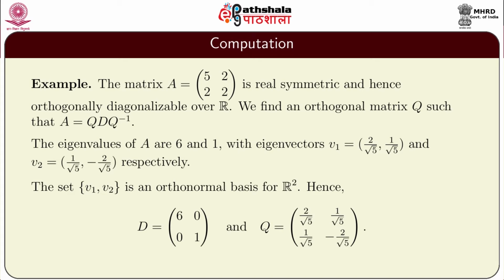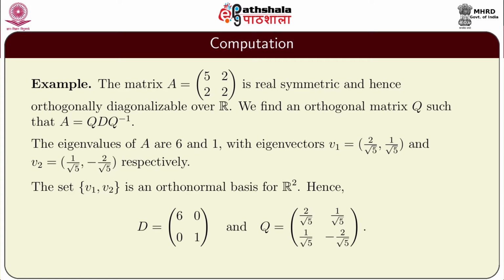You can see the eigenvalues 6 and 1 appearing on the principal diagonal, and the basis change matrix, which is an orthogonal matrix, is given by Q, that is 2 by root 5, 1 by root 5 in the first row and 1 by root 5, minus 2 by root 5 in the second row.